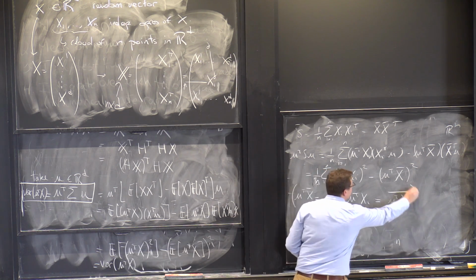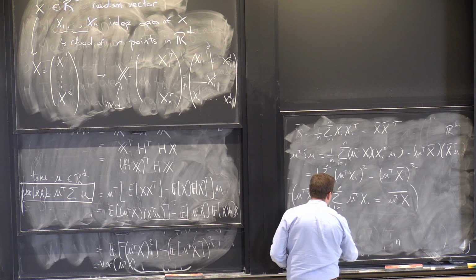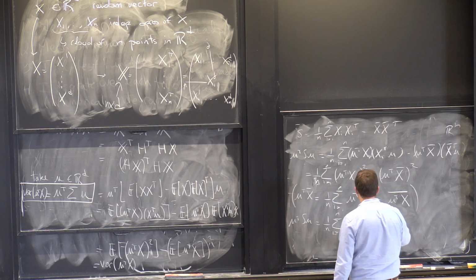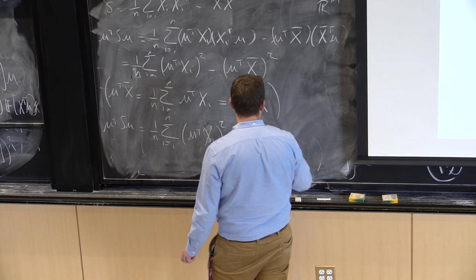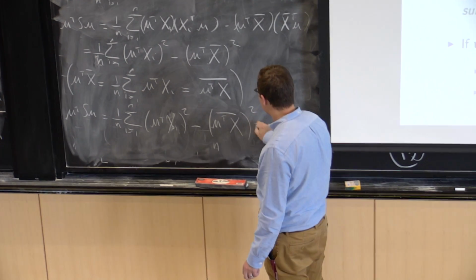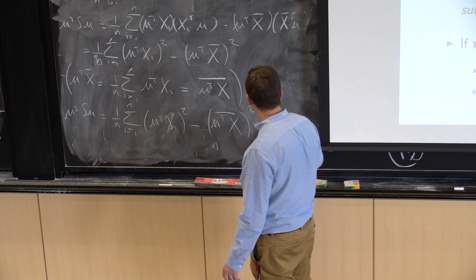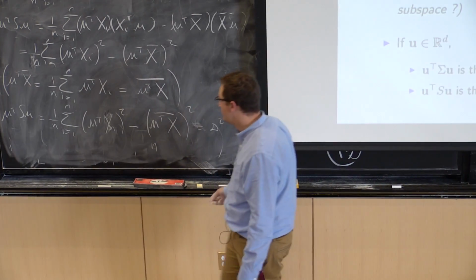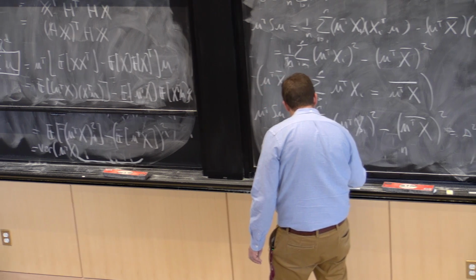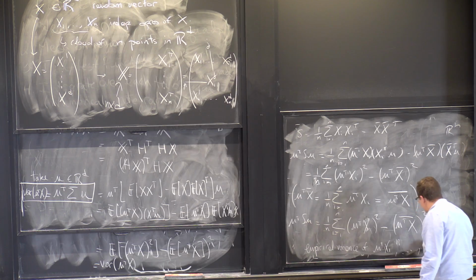So what it means is that u transpose S u, I can write as 1 over n sum from i equal 1 to n of (u transpose xi) squared minus (u transpose x bar) squared, which is the empirical variance that we denoted by small s squared, right? So that's the empirical variance of u transpose x1 all the way to u transpose xn.